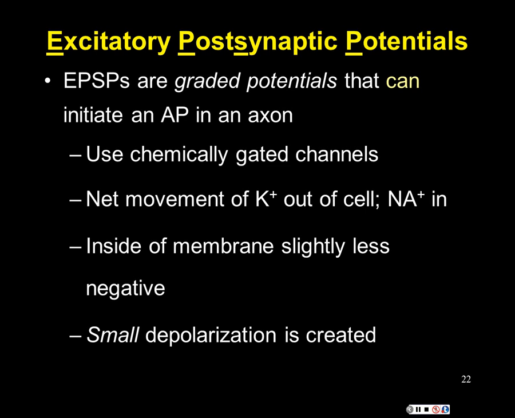It can favor an action potential but doesn't guarantee one. Let's scratch out initiate and put favor. We're not guaranteeing an action potential, but we're getting closer to threshold by depolarizing.